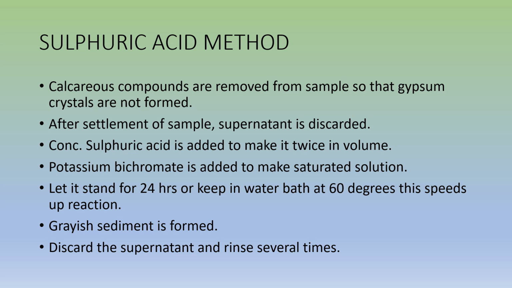Sulfuric acid method. It is also an acid digestion method. Here the calcareous compounds are removed from the sample so that they do not form gypsum crystals. After settlement of the sample, the supernatant is discarded. Then concentrated sulfuric acid is added to the sample until it becomes twice the original volume. Now enough potassium bicarbonate is added to make it a saturated solution.